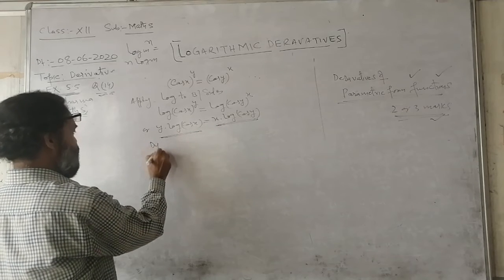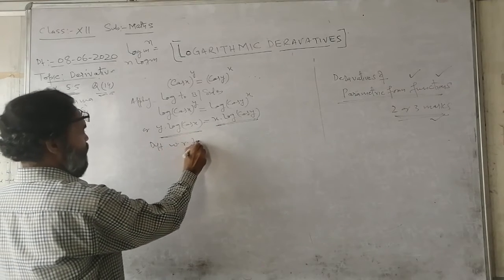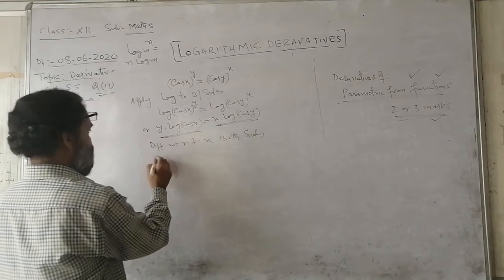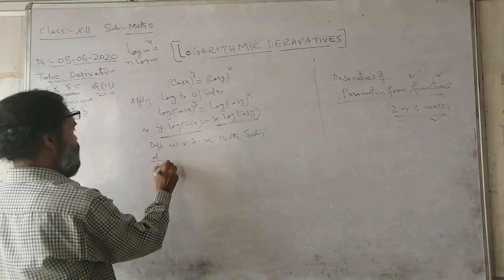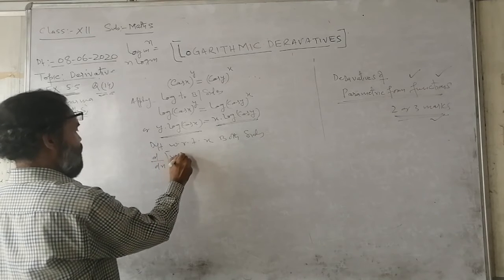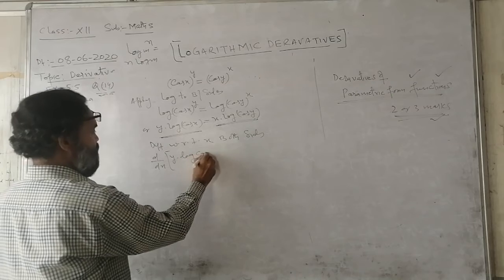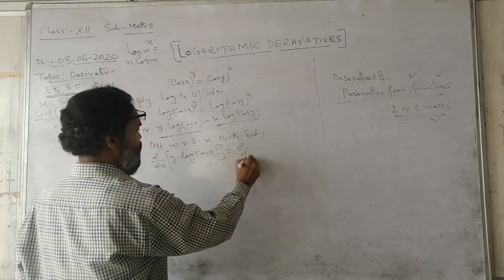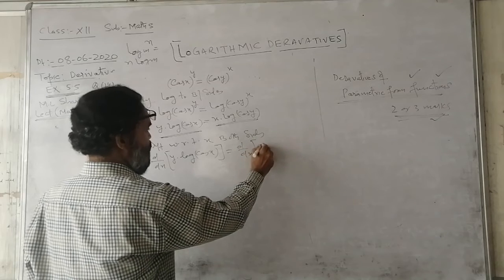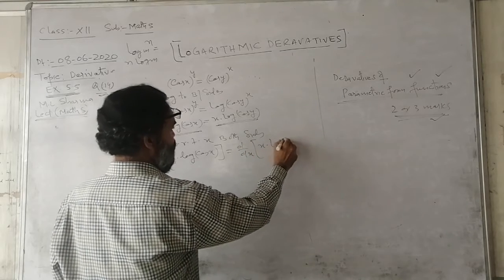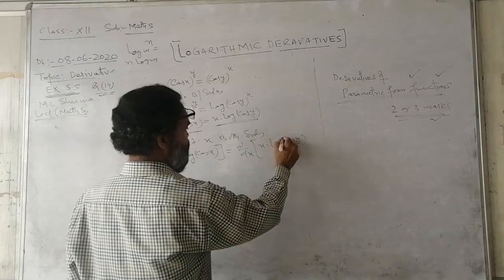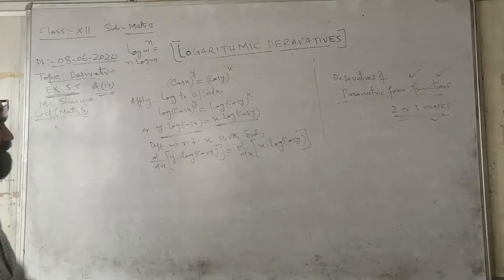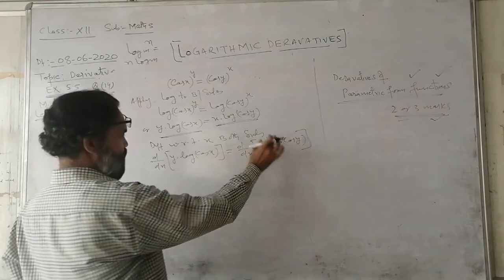So if I differentiate, d upon dx of y log cos x equals d upon dx of x into log of cos y. So the product rule will be applied here and the product rule of derivative will be applied here.